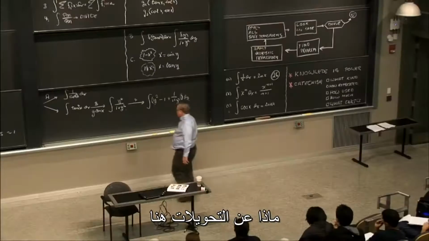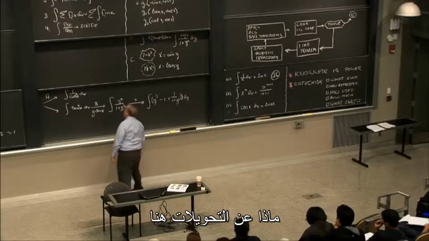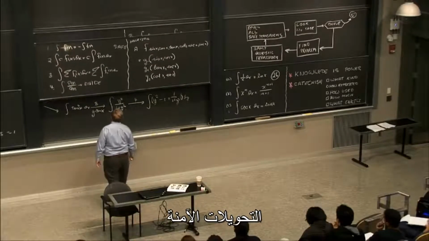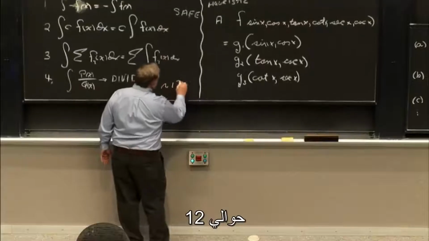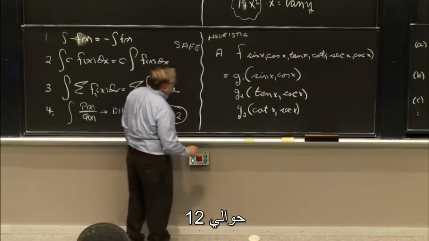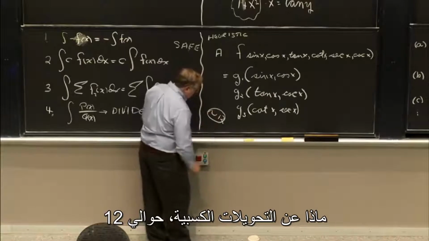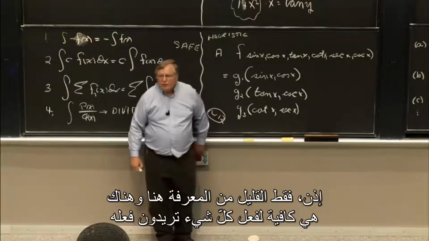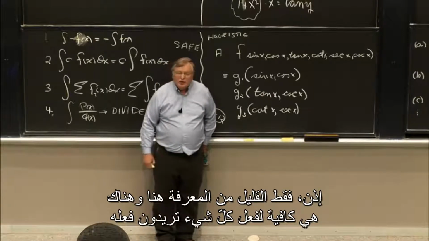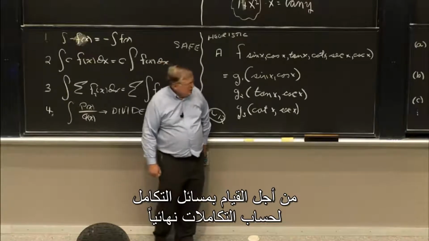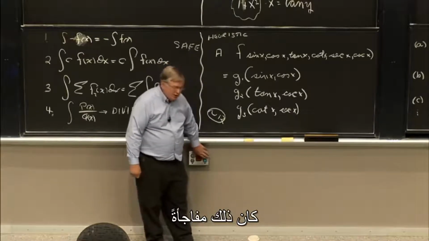How about the transformations here, the safe ones? About 12. How about the heuristic ones? About 12. So just a little few bits and pieces of knowledge here and there are sufficient to do everything you need to do in order to deal with the integration problems on a calculus final. That was a surprise.